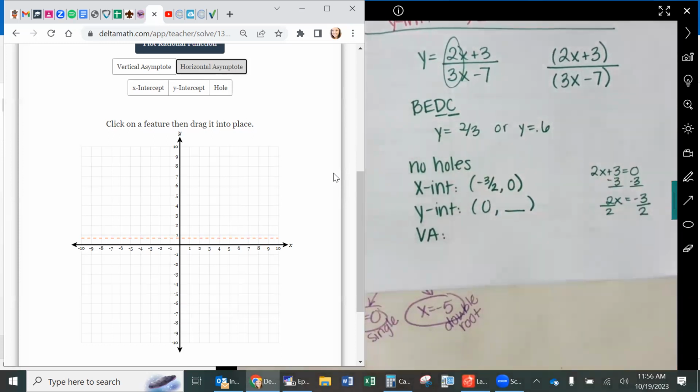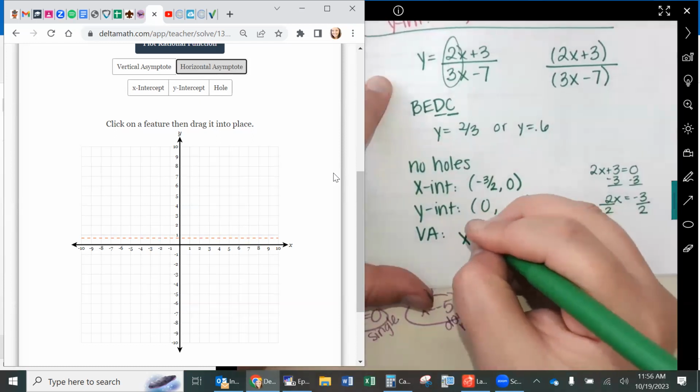Vertical asymptote: do I have any x's left on the bottom? Do I have one? Okay, it's a 3x minus 7, so let's do the pattern. It's a -7, what am I gonna change it to? +7, and then where's the 3 end up? Divided. So it'd be +7 divided by 3.